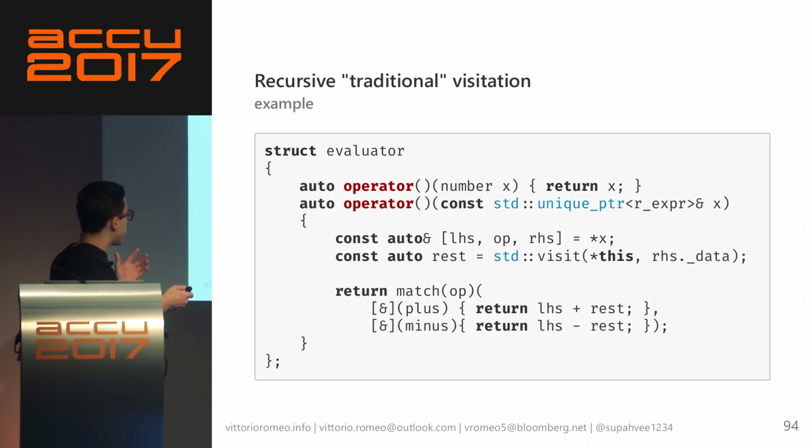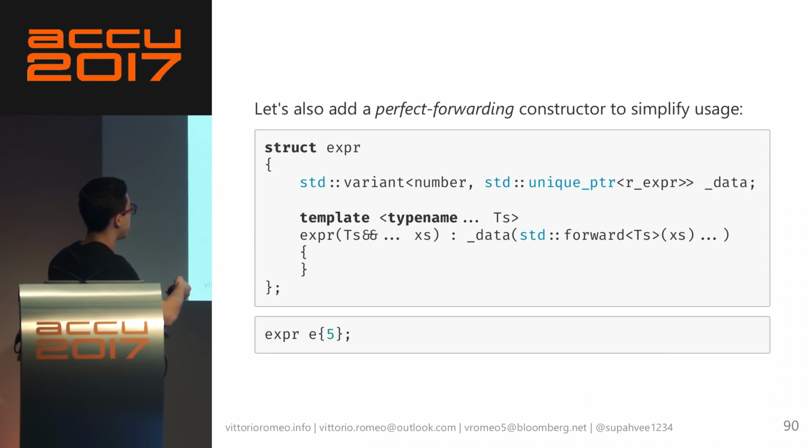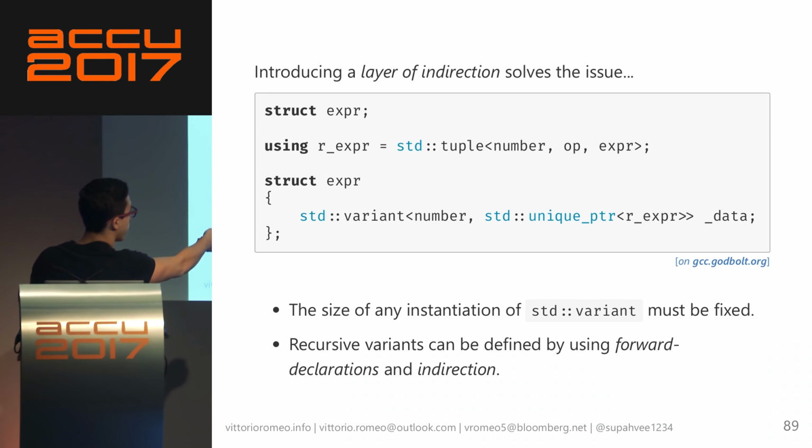And once I destructure the tuple, what I can do is visit the recursive part, which is the right-hand side. I will just show you again the definition. So we're going to visit the right-hand side, which is the expression. It's the recursive part.